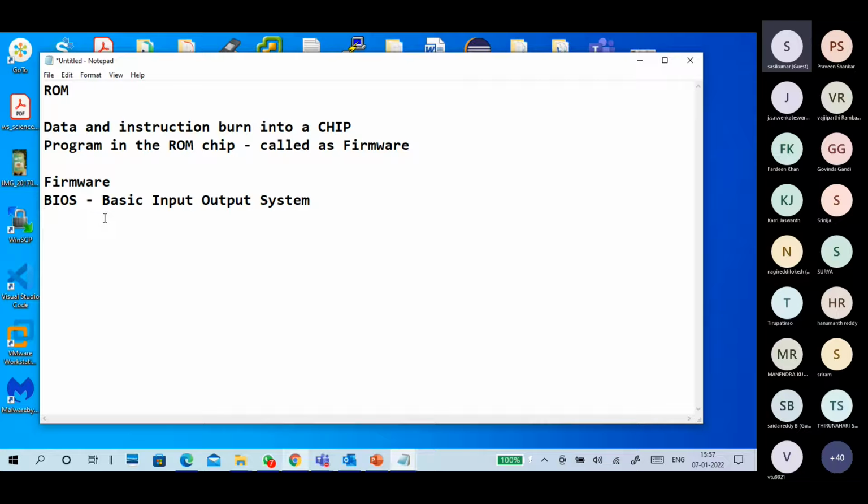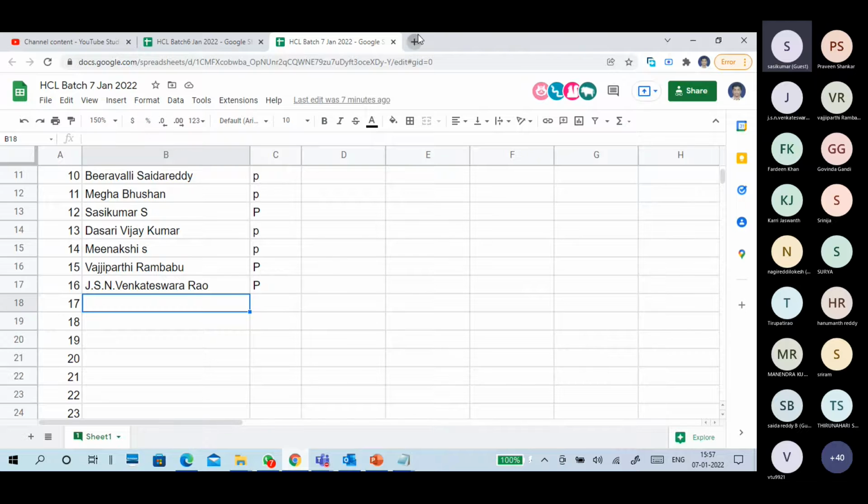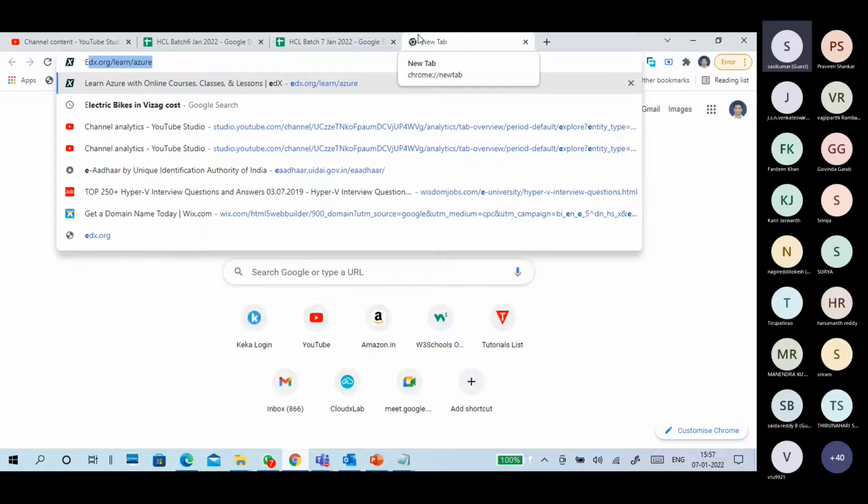Now in our computers, in the old days, we had BIOS, and still we have BIOS. The next type of firmware is UEFI, Unified Extensible Firmware Interface.